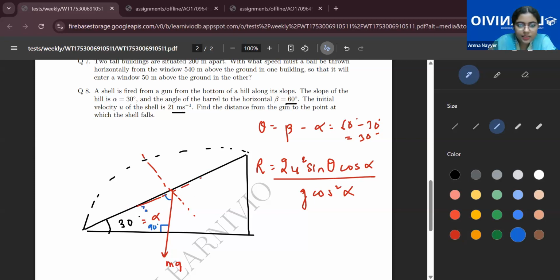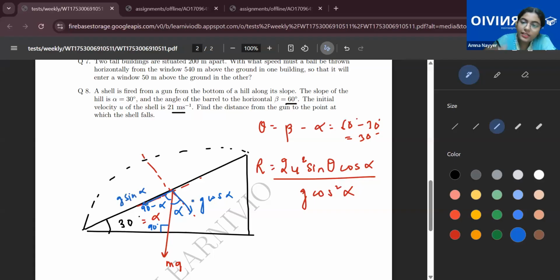So this becomes 90 minus whatever is this theta. I'll take this as alpha. 90 minus alpha. So if this is 90 minus alpha, this total is again 90. So this again becomes alpha. Using this, now your g is acting like this, so you have to resolve it. This is g cos alpha, this becomes g sine alpha.